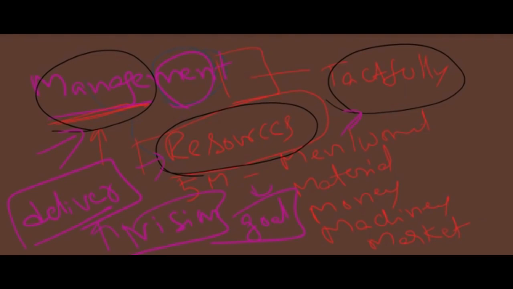And how you need to deliver? You need to deliver very effectively or efficiently, right? So finally, what is management? You need to manage resources tactfully to deliver as per the company goal very effectively, efficiently.